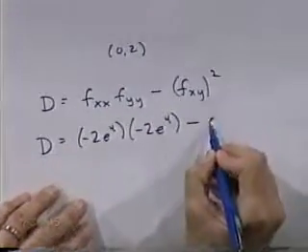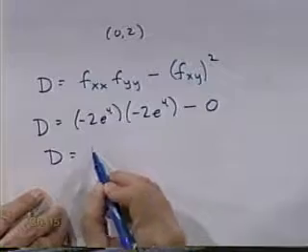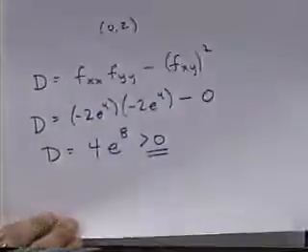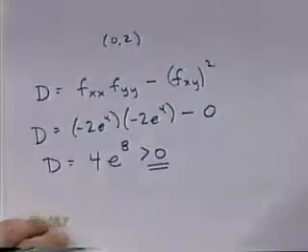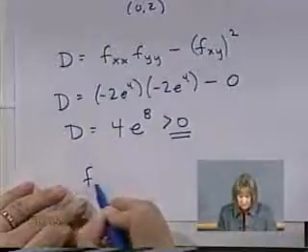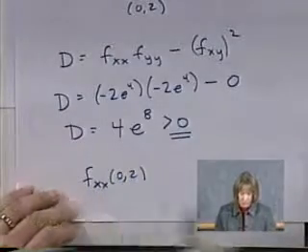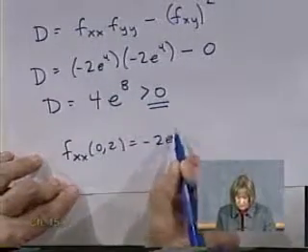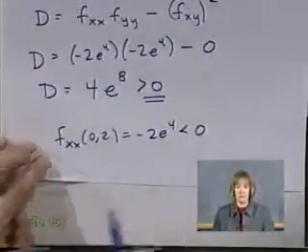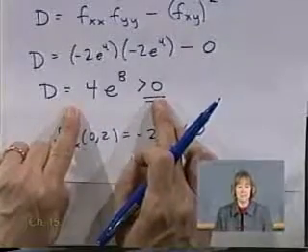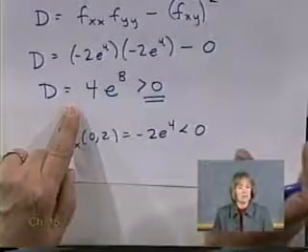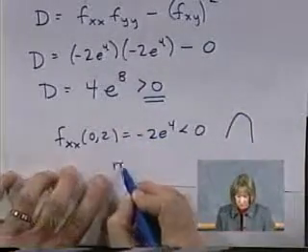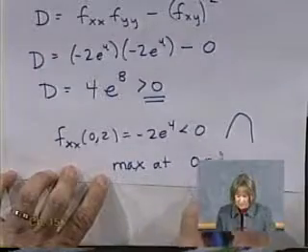We got fxy at that point to be 0, so our discriminant is 4 e to the 8th, which is positive. So therefore, 0, 2 is a candidate for being a max or a min. But in addition, we did evaluate already the second derivative at 0, 2. We got it to be a negative 2 e to the 4th, which is negative. The discriminant positive is telling us that no matter how we cut it, all the cuts will be concave down or concave up. This cut is concave down, and therefore we have a max at 0, 2.